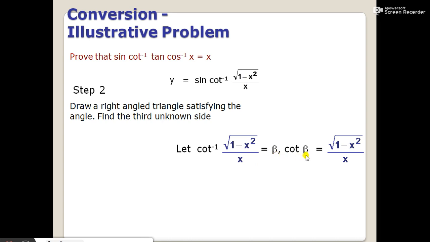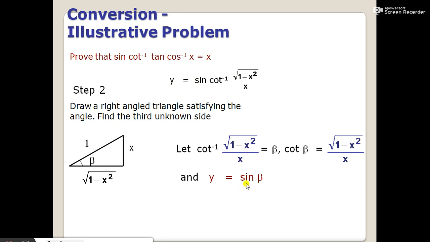It means cotangent beta is equal to root of 1 minus x square upon x, and this cotangent beta is equal to base upon perpendicular, and therefore this hypotenuse you will get 1. And now this angle is beta, then it becomes y is equal to sine beta.